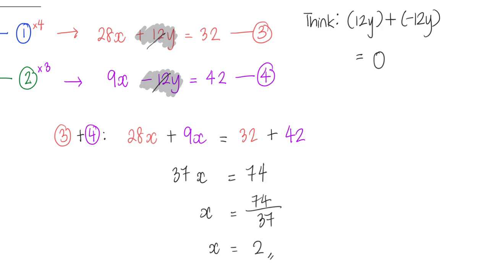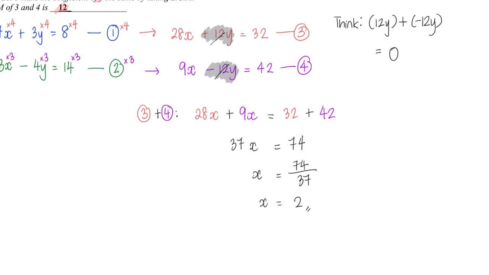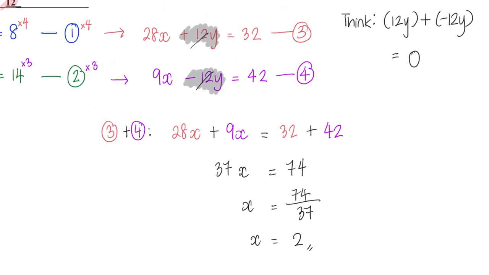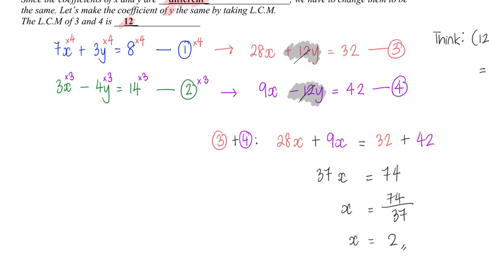And after which, of course, we will then need to substitute back into either of the 4 equations. It does not matter, okay? You will get the same answer. So I'm going to substitute x into my equation 1.